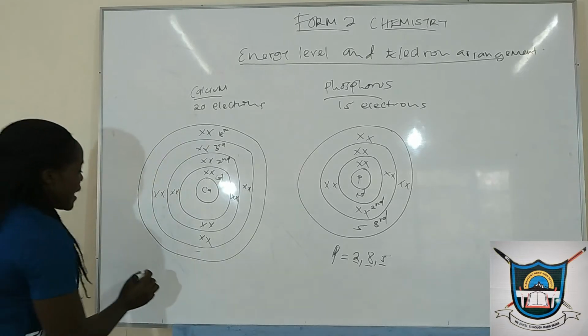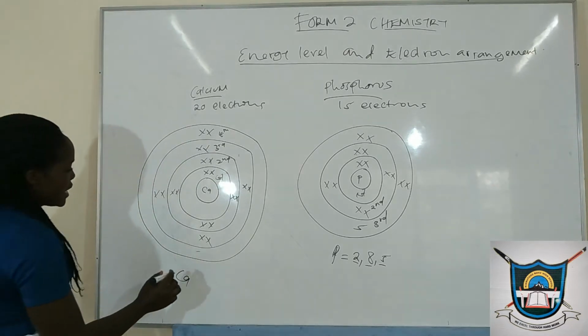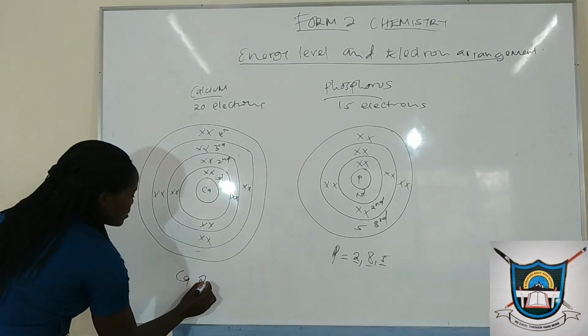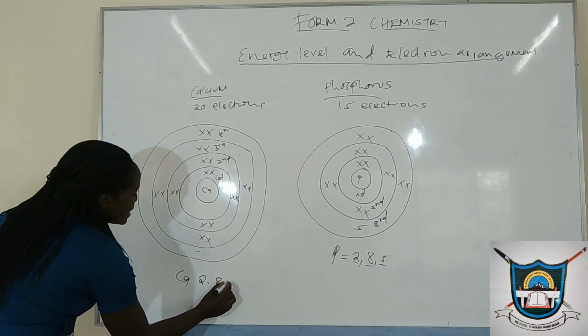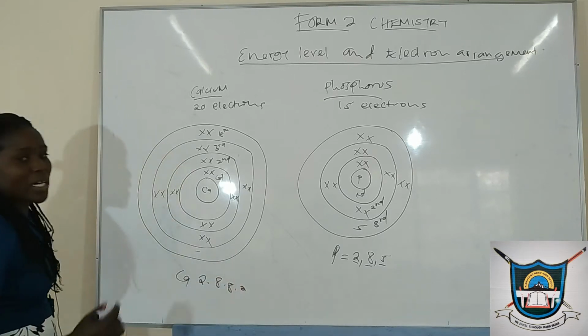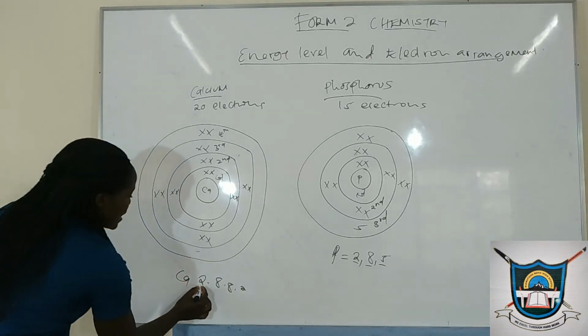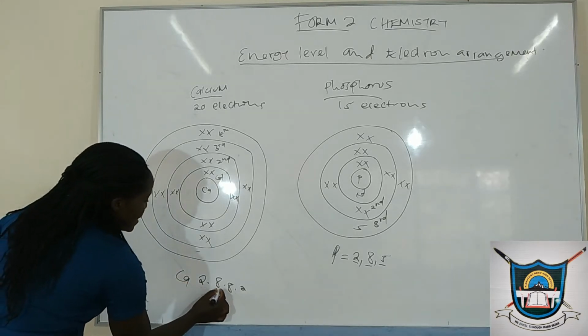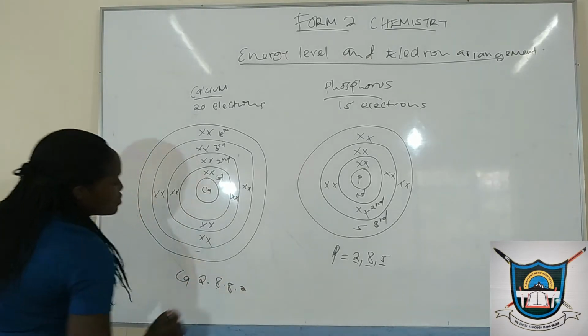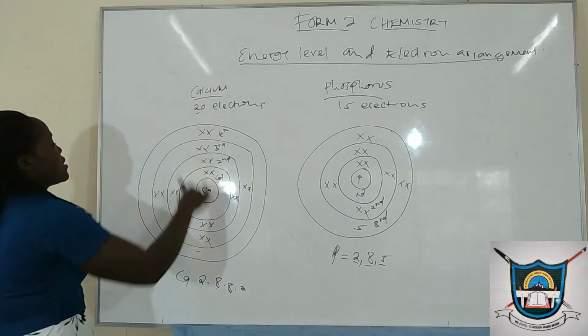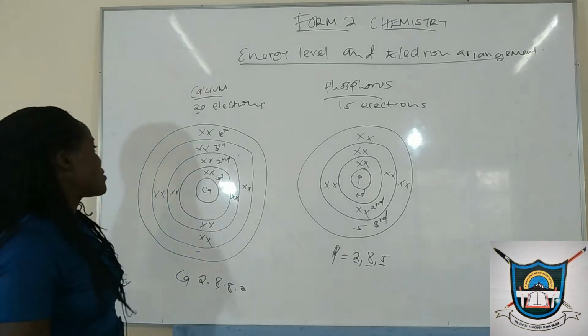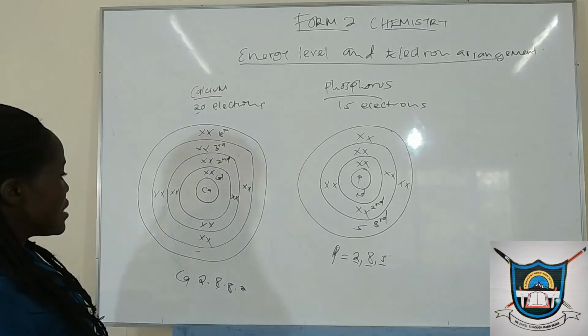So calcium has 4 energy levels. The first one holds 2 electrons, the second one 8, then 8, then 2. If you count, 2 plus 8 is 10, 10 plus 8 is 18, 18 plus 2 is 20 electrons. That is how the structure of calcium looks like.